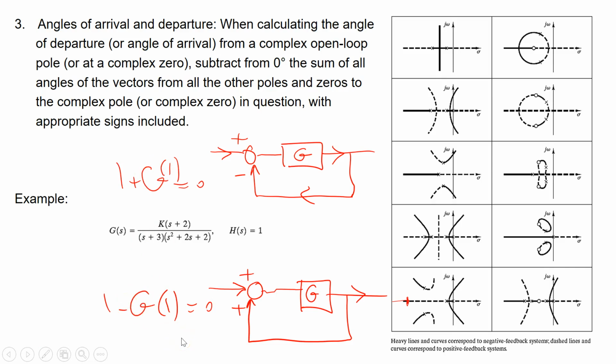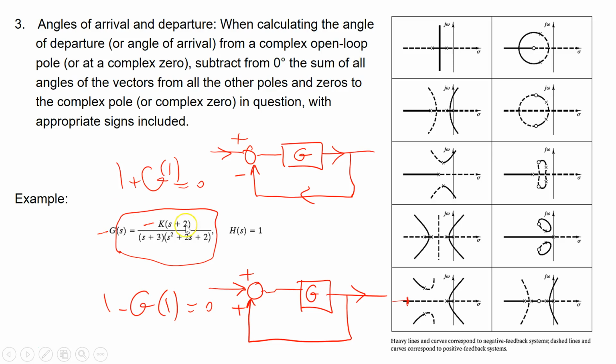Negative G. So I expect if I plot this one time for this G, I get the top one, but if next time I just add a negative to the numerator, it's going to become what? Negative G, and I can do the same way that I did the top one, except I make the numerator coefficients both negative. Okay, so let's look at them together.